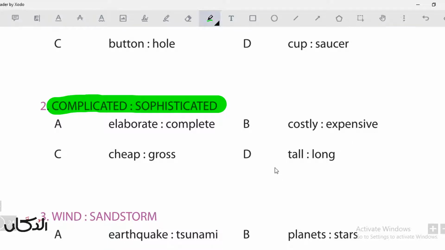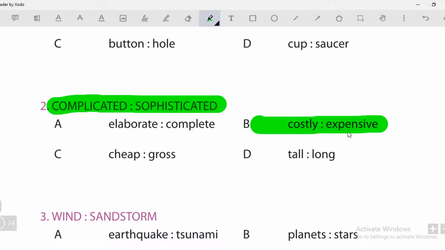Although in Arabic both may have the same meaning, they are different in usage; we use them in a different way. So costly and expensive is the correct answer. You can also decide that costly and expensive are both adjectives, as are complicated and sophisticated.